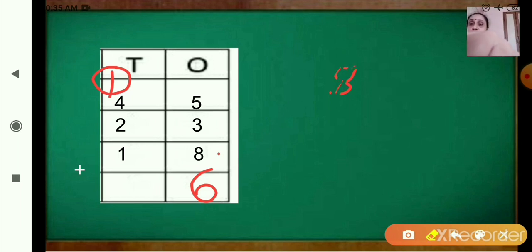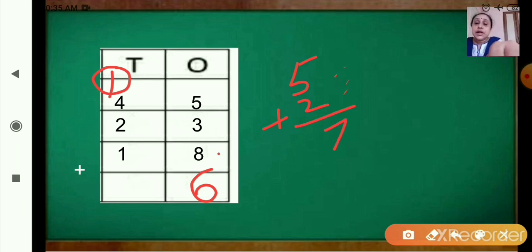How much did you get? 1 plus 4, 5. Okay, now again remember you have added and you have got the number 5. Now 5 plus 2 you have to do. How much are you getting?